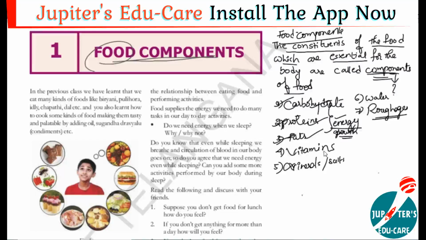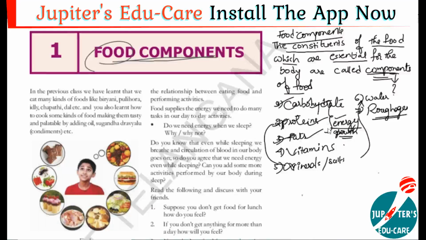And the food components which help to build our body are vitamins, minerals, water and proteins, which help in building our body and growth.